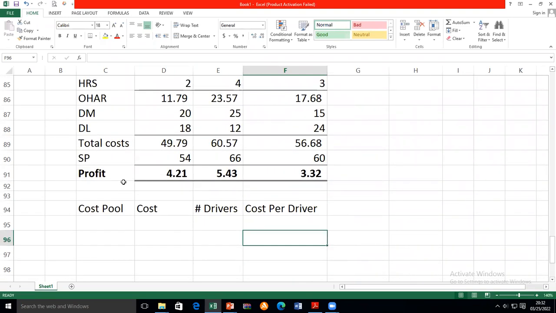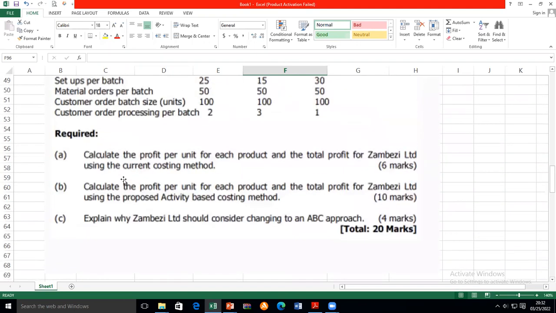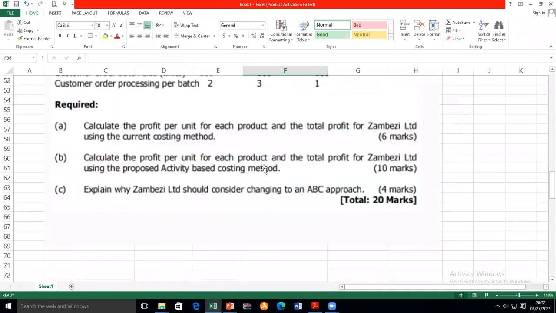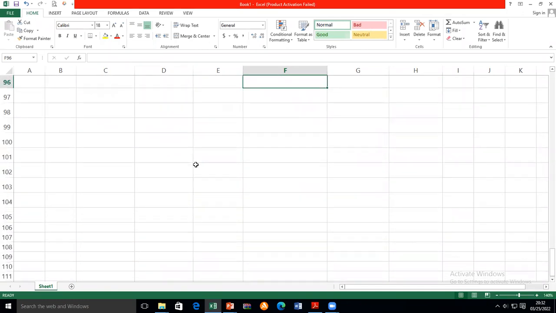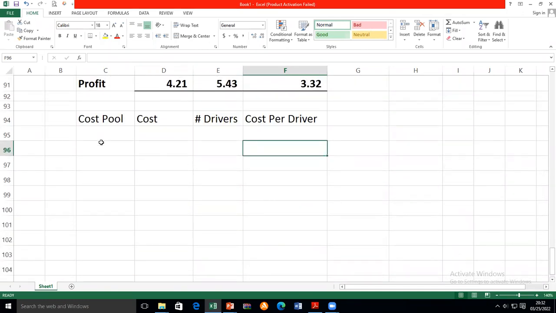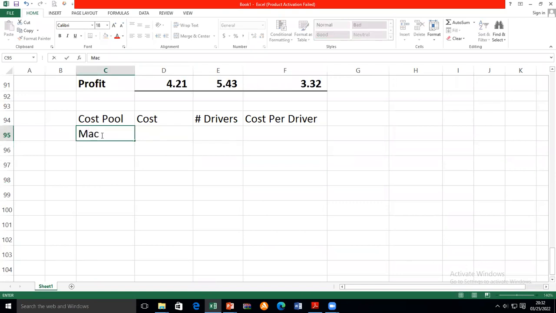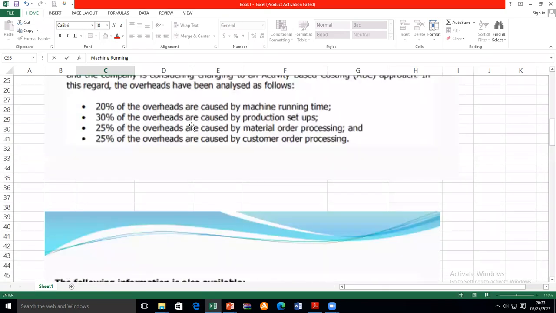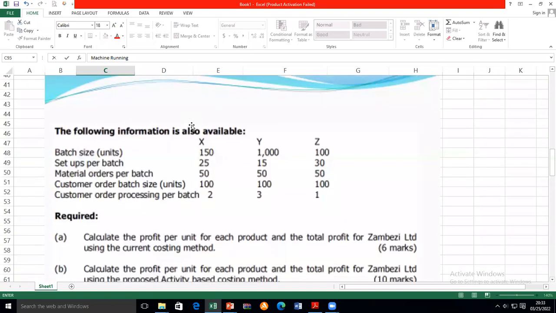So let us fill in what we have. Machine running. That is one. Secondly, we've got production setup.